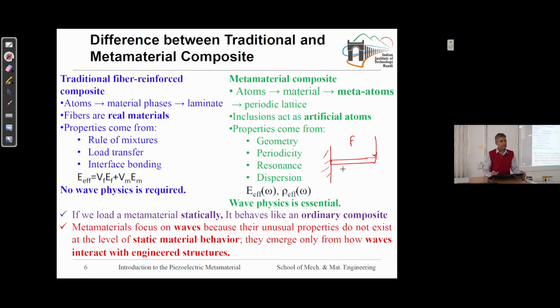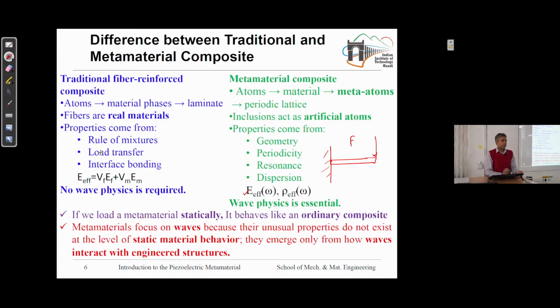The structure cannot vibrate, and hence omega is 0. So E effective is the same in both; the property you have in the metamaterial is the same as in the traditional composite material.